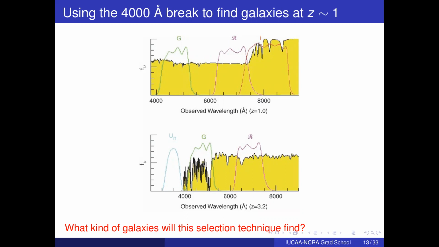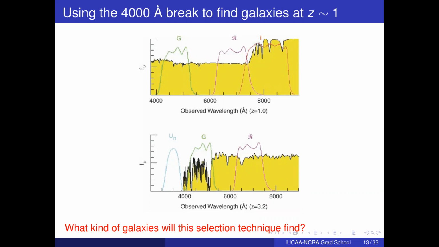So what that causes is that it causes the spectrum to dip at about 4000 angstroms. And this is only seen if you have a dominant population which is older than a gigayear. This is referred to as the 4000 angstrom break.